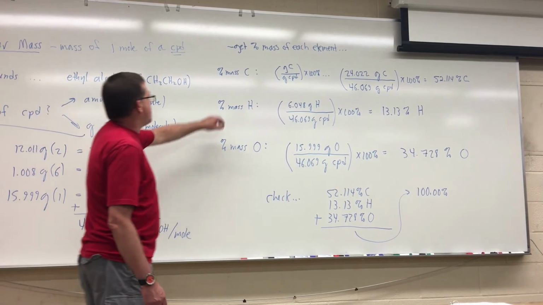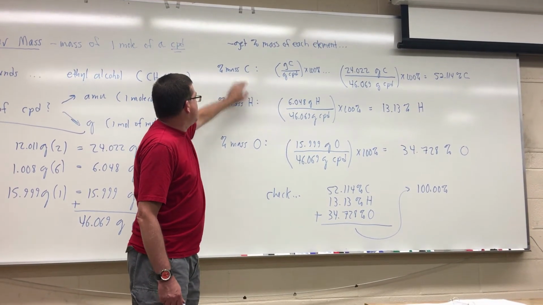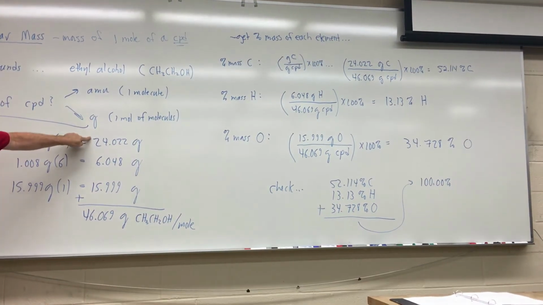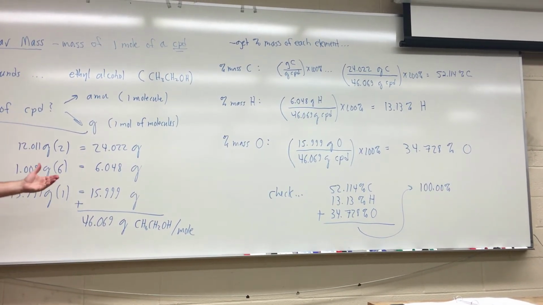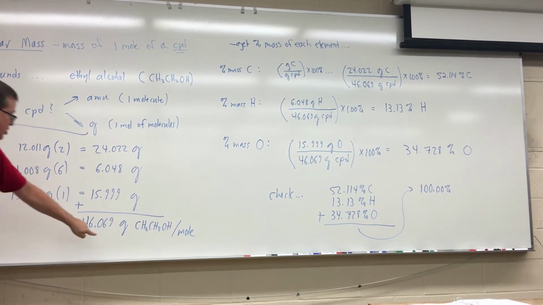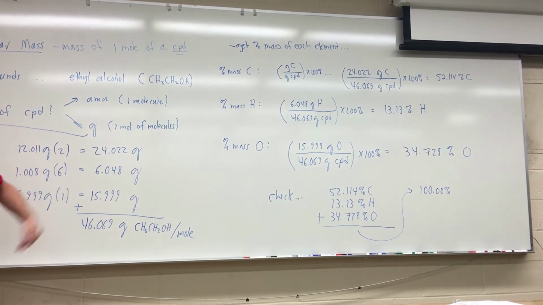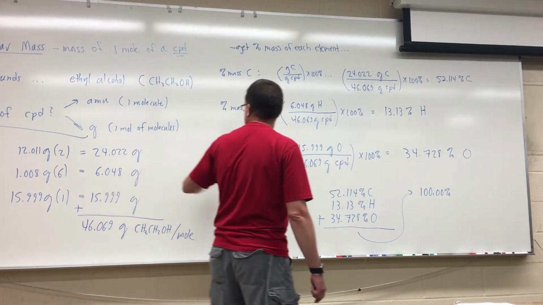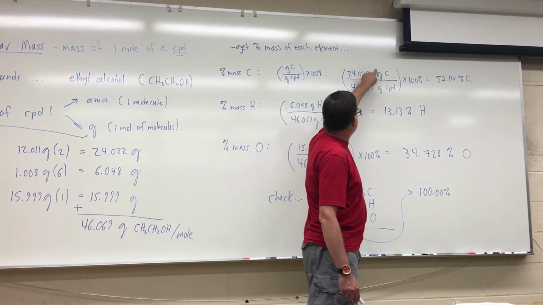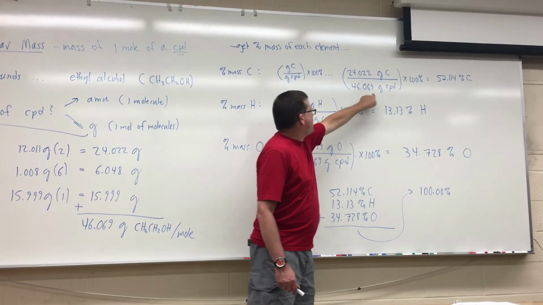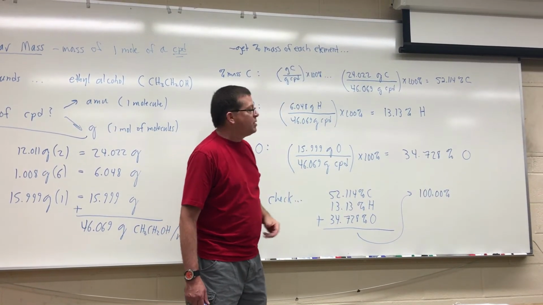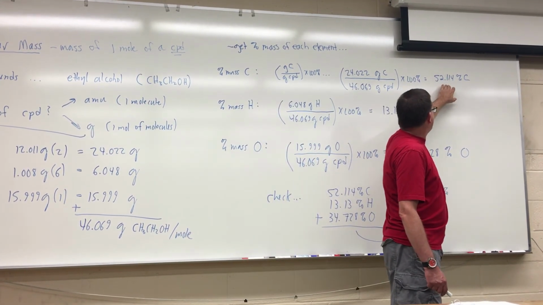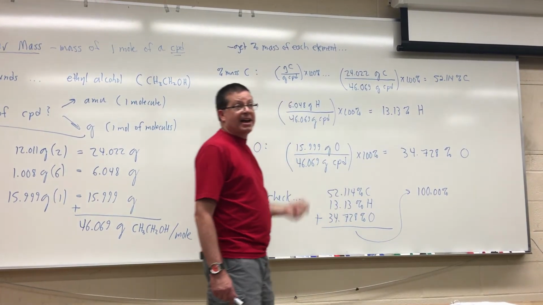So for example, if I want to calculate the percent mass of carbon, I'm going to take the total grams of carbon in the compound and divide that by the total mass of the compound, again, per mole of the compound. All right? So I take my 24.022 grams of carbon, divide that by the total mass of 1 mole of the compound, multiply by 100, and I find that the compound is 52.114% carbon by mass.